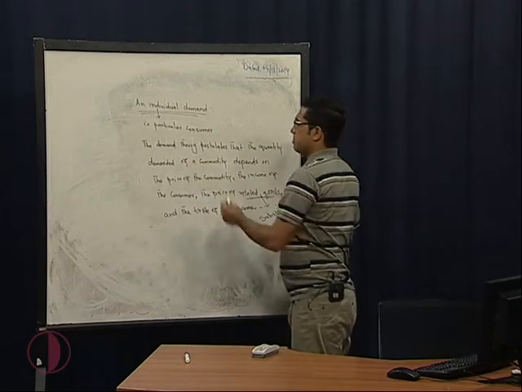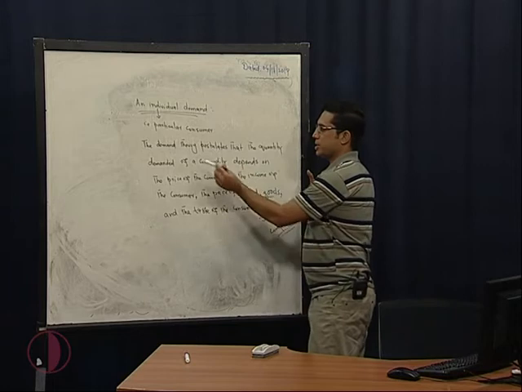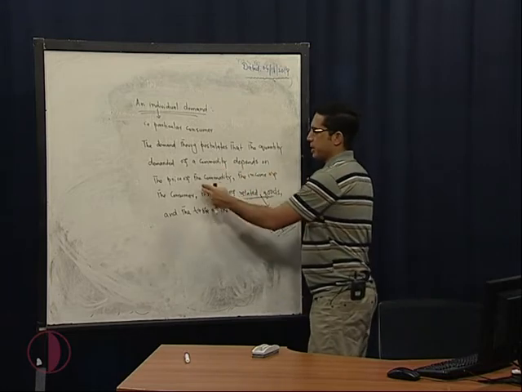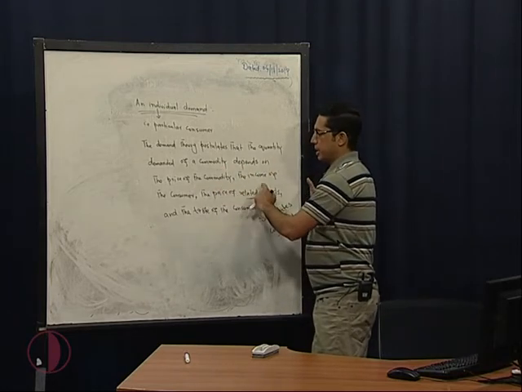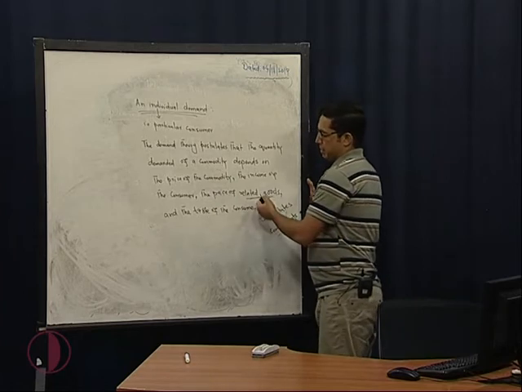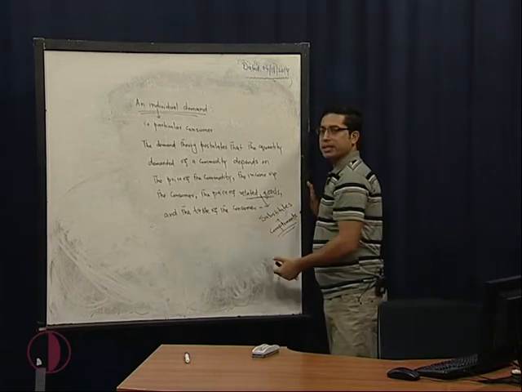According to the demand theory, the quantity demanded of a commodity depends on the price of the commodity, the income of the consumer, the price of related goods and the taste of the consumer.